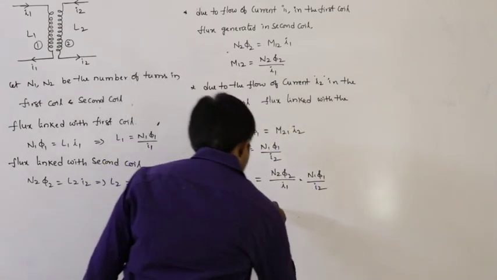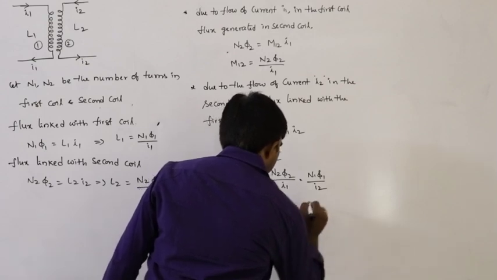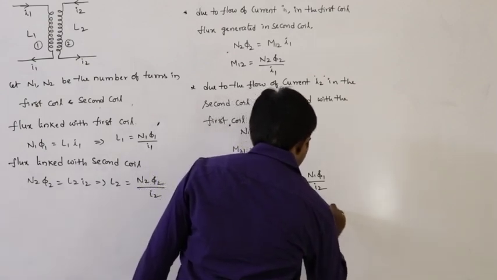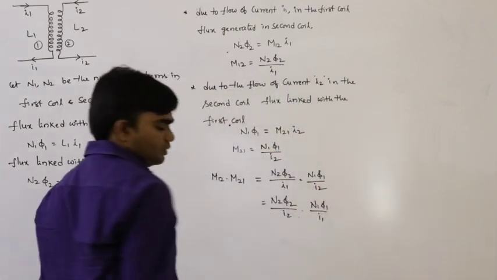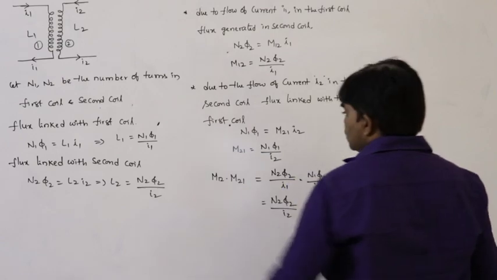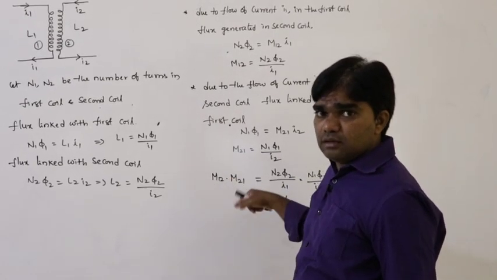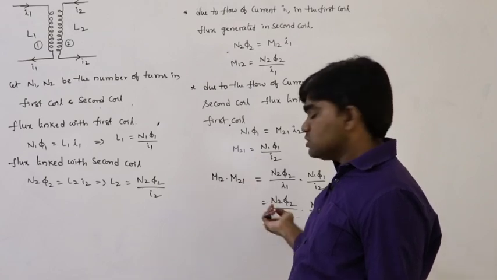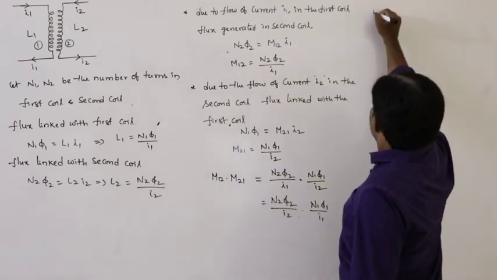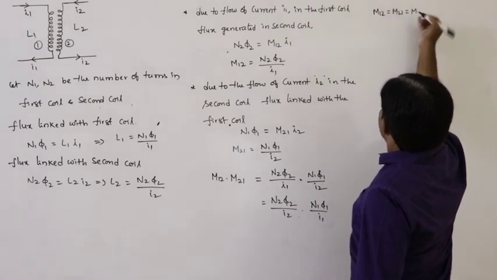So, from this I am writing N2 phi 2 divided by I2 into N1 phi 1 divided by I1. There is no change in this situation. But mutual induction on the first coil due to the second one, or the second due to the first, both must be the same. M12 is equal to M21, let us say, M.